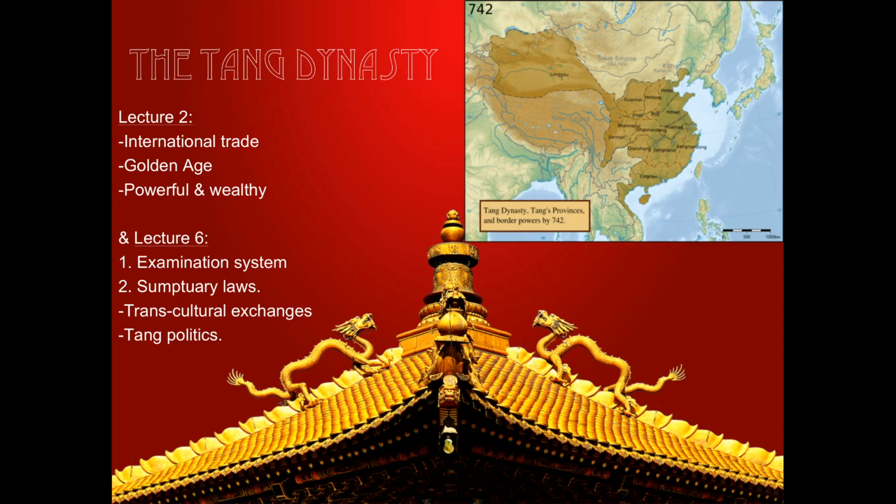And then we learned more about the Tang dynasty in lecture 6. And so before the Tang consolidated China back together, they wanted all the different provinces in China to be subservient to the Tang family. And so to do that, they did 2 things. First, they created an examination system based on Confucianism that made ranking officers' qualifications solely based on merit.